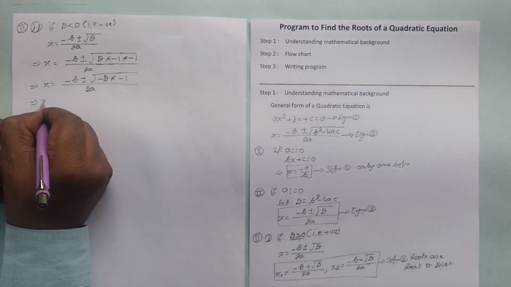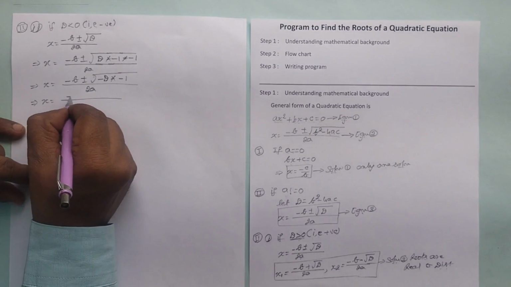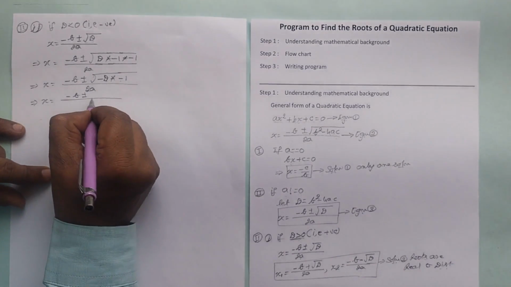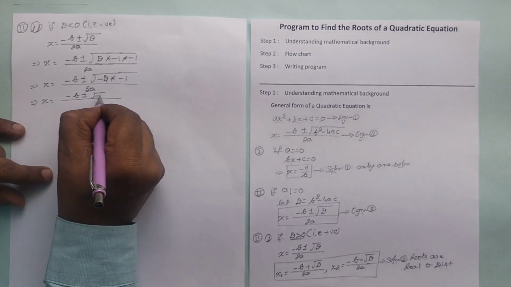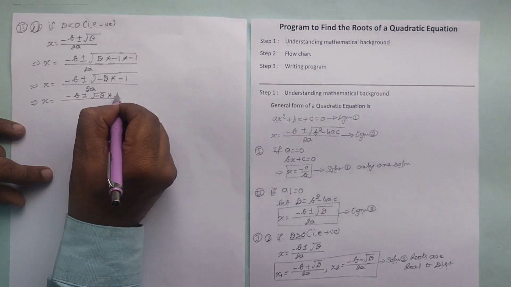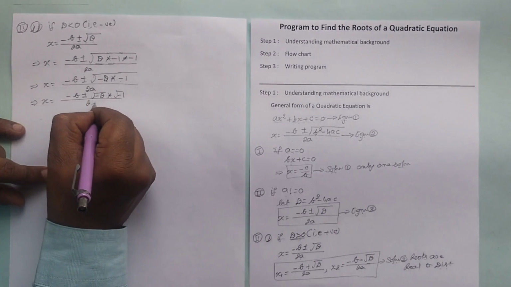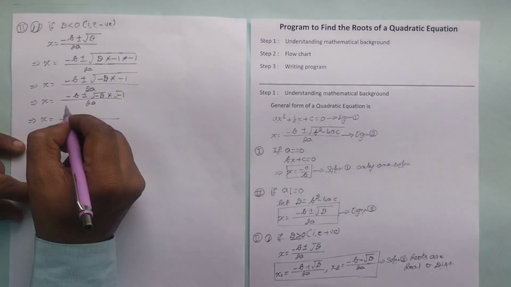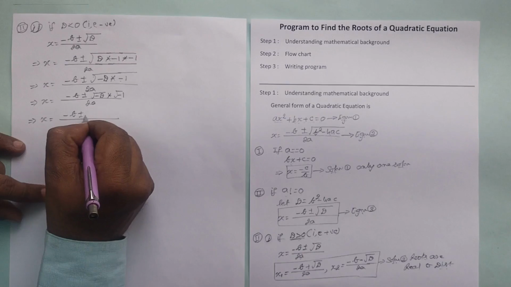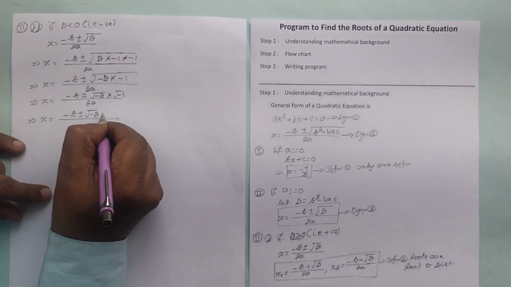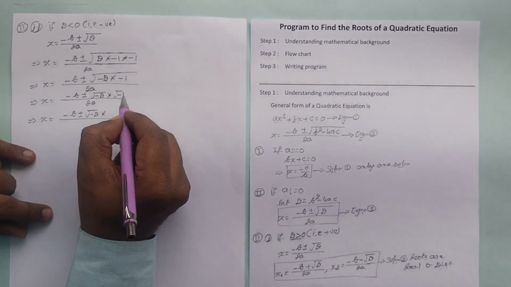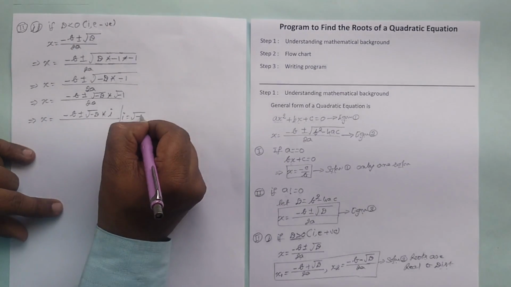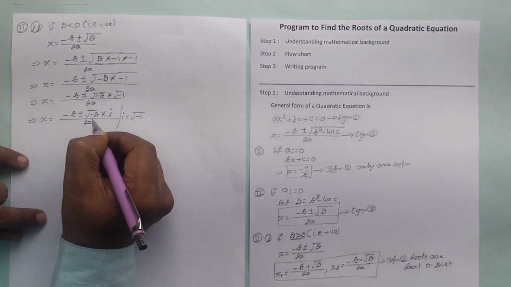It is equivalent to x is equal to minus b plus or minus, let us split this part, square root of minus d into square root of minus 1 by 2a. The square root of minus 1 is nothing but i, where i is equal to the square root of minus 1, divided by 2a.